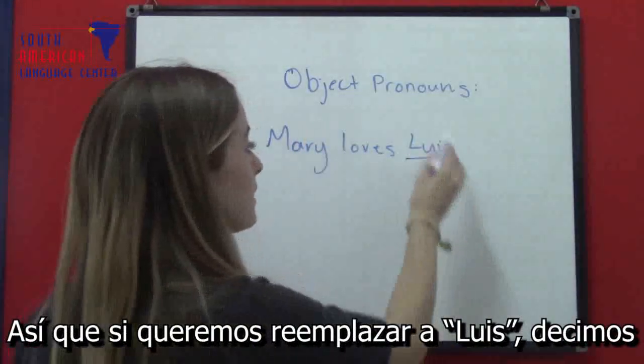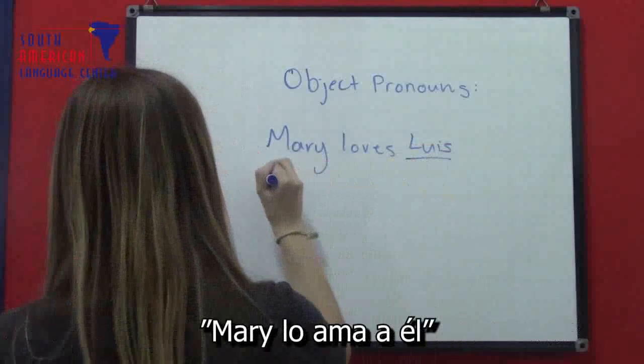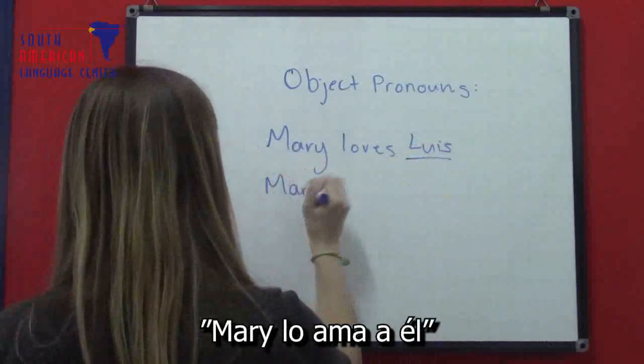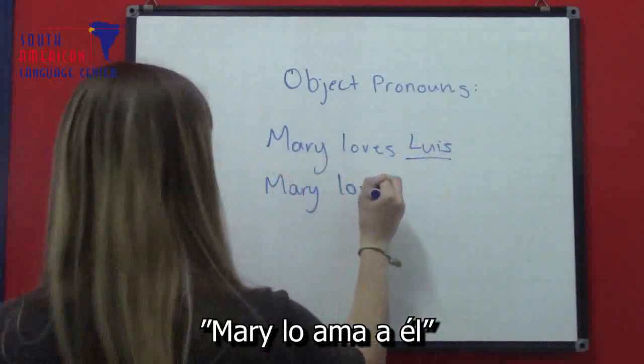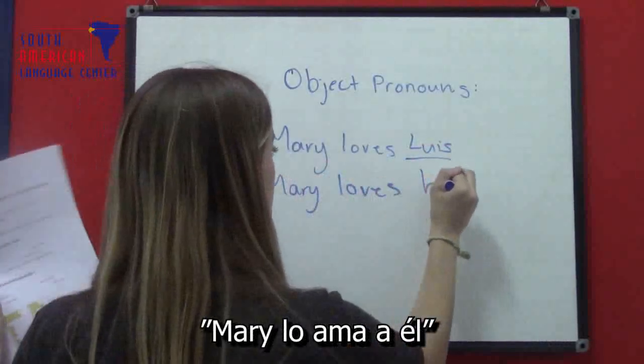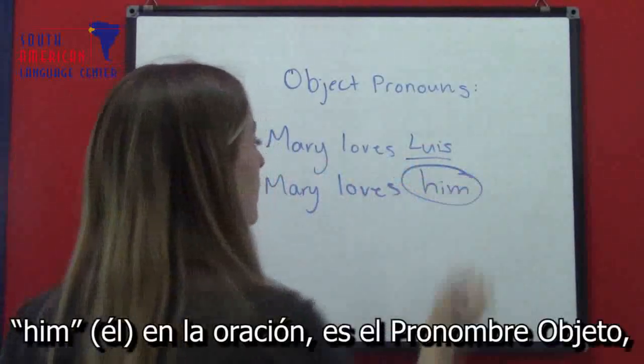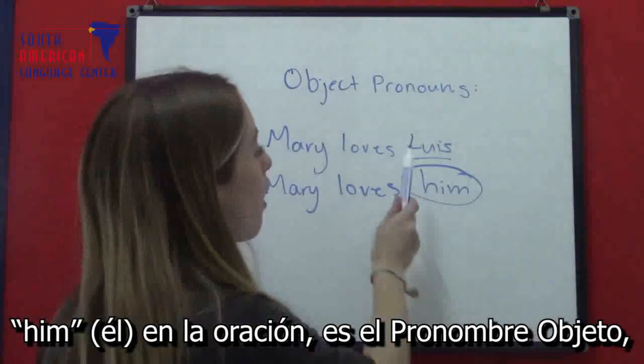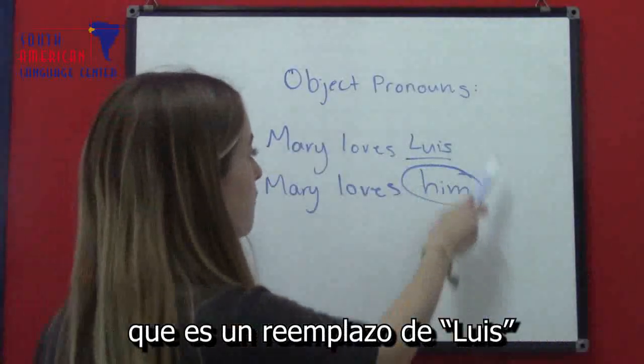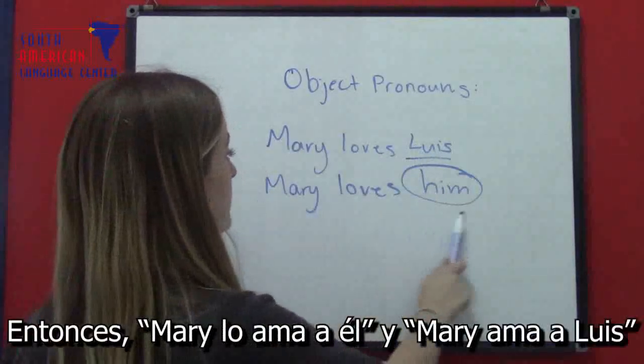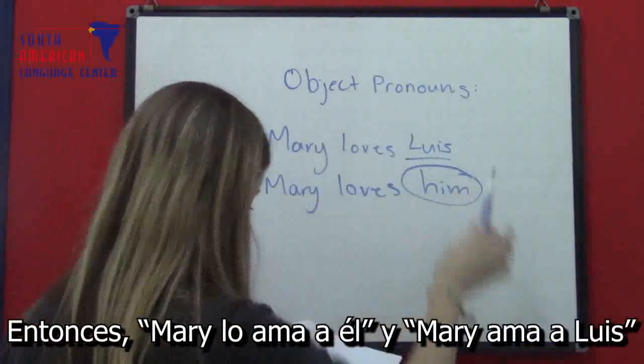So if we want to replace Louise, we can write Mary loves him. Him in this sentence is the object pronoun that is a replacement for Louise. So Mary loves him and Mary loves Louise.